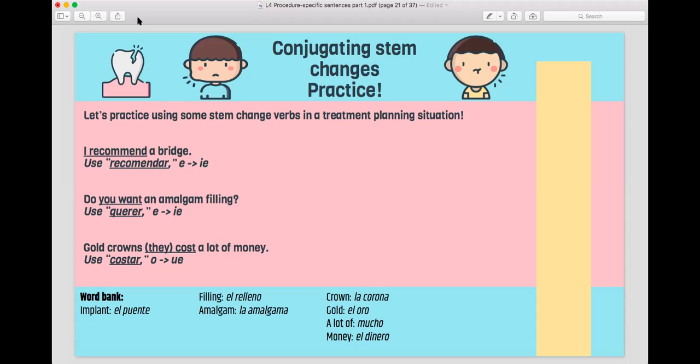All right, and then if someone wants to try costar, and this would be the el, ella, usted form as well because crowns are third person inanimate object. So it'd be el, ella, usted, and it's an O-to-UE stem change.